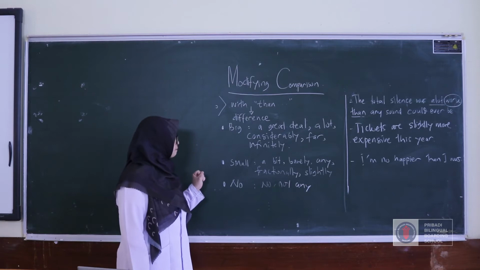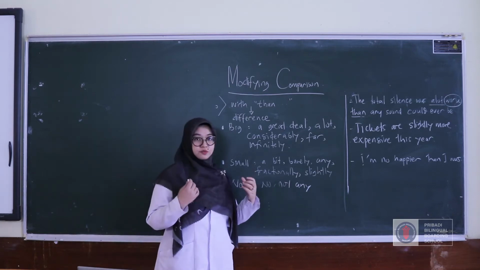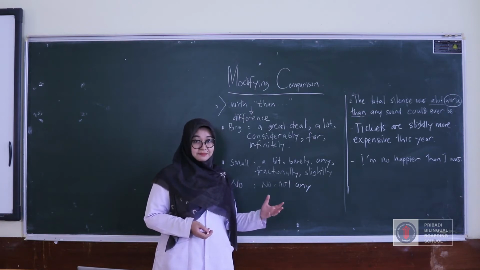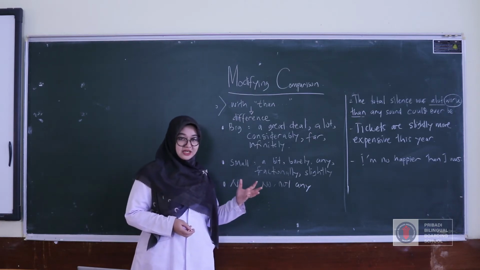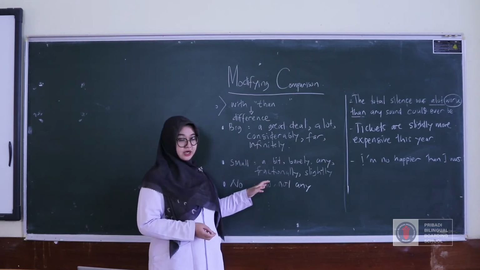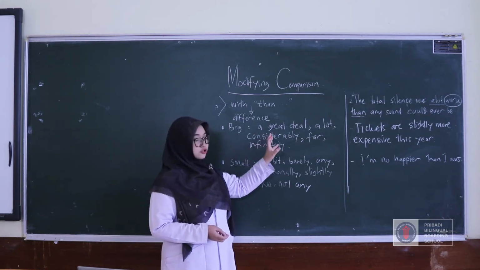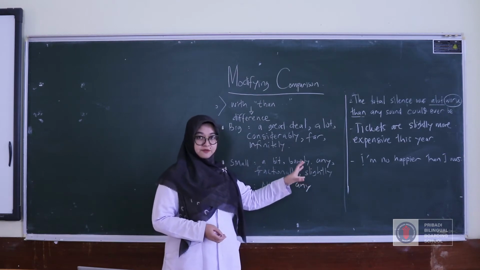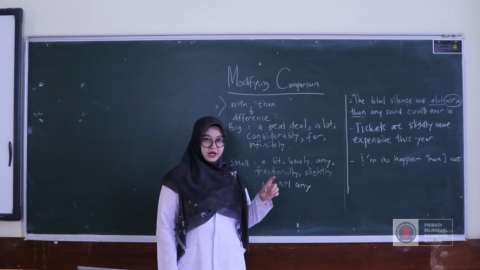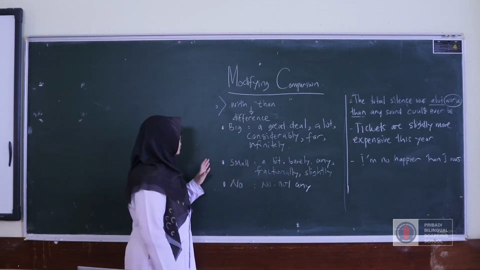How to modify your comparison is easy actually. Basically, you just put these words before your adjective, before you put than, and after that you compare to the other adjective. Let's see here now.